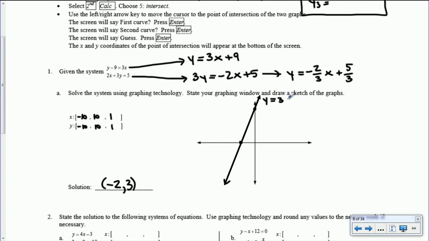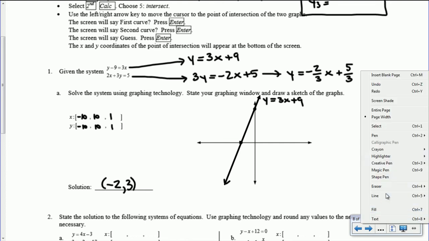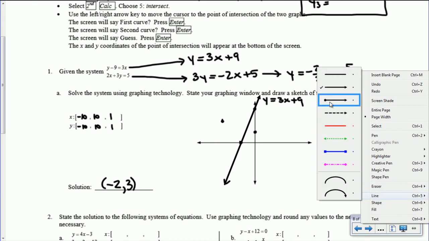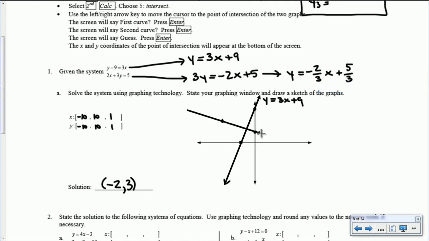Y equals 3x plus 9. And yeah, so this one, something like that. Just kind of freehanding it. You don't have a grid drawn here, so that looked to be roughly what we were dealing with. Negative 2/3 x plus 5/3. So this was negative 2/3.